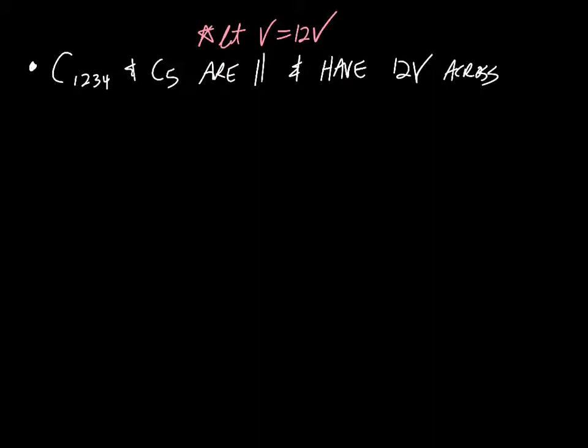So what that would mean is that since C5 is at 1 voltage, I can immediately find out the charge on that single capacitor, Q5, which would just be equal to the capacitance of 5 times that voltage, which happens to be 12 volts.